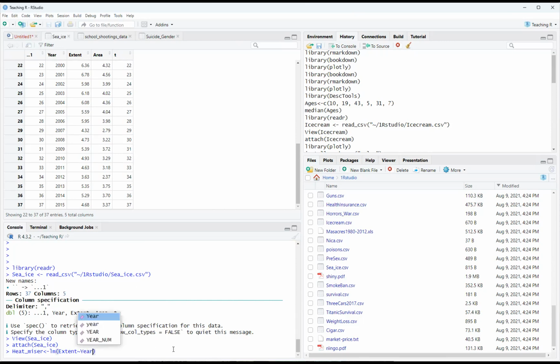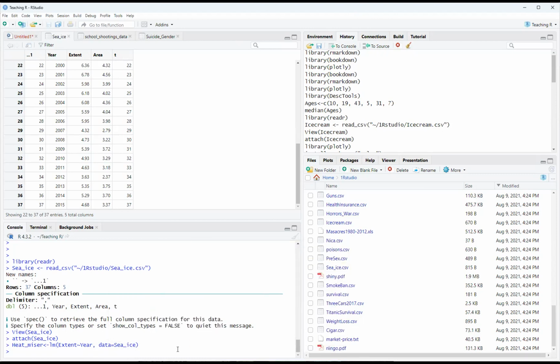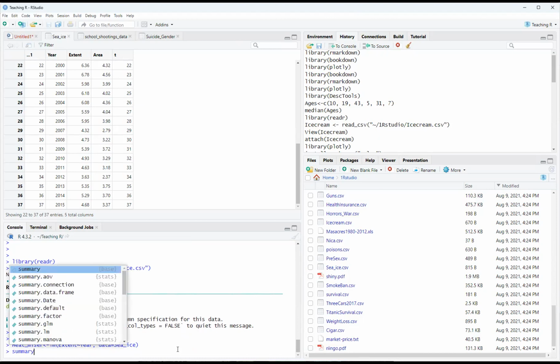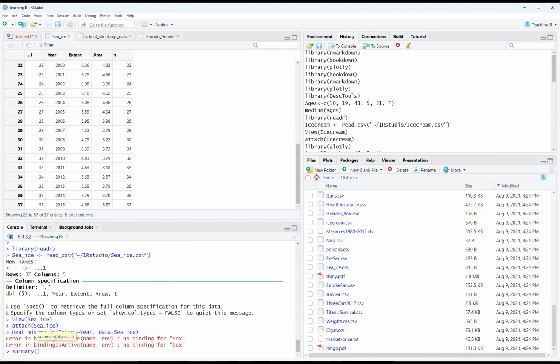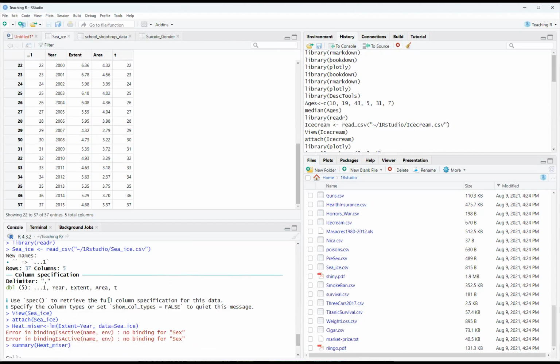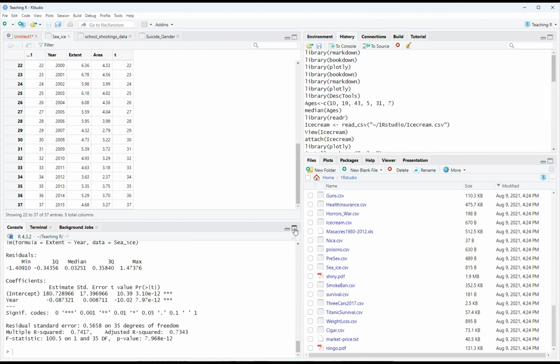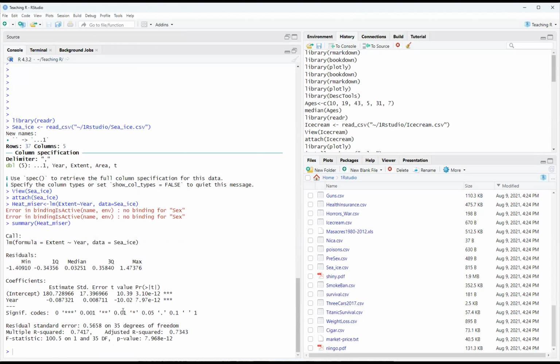That's when you really have to put in data equals sea ice. Boom, boom. Now we do a summary. Oh, no, wrong one. Heat Miser. And we're going to see the extent to which this is significant.